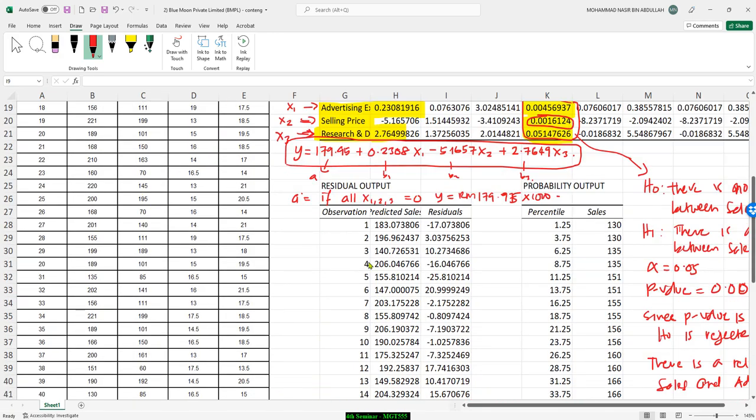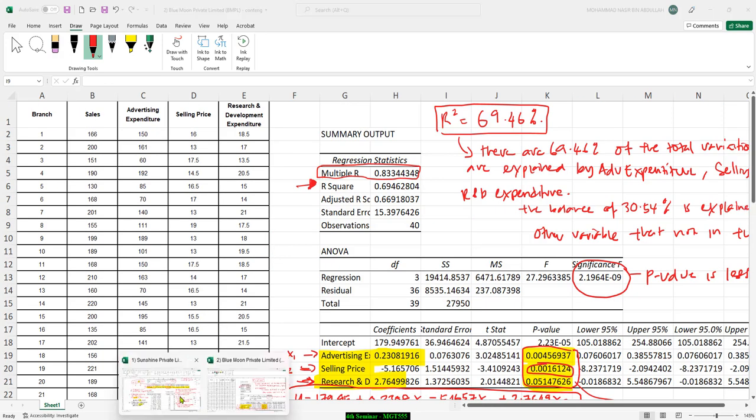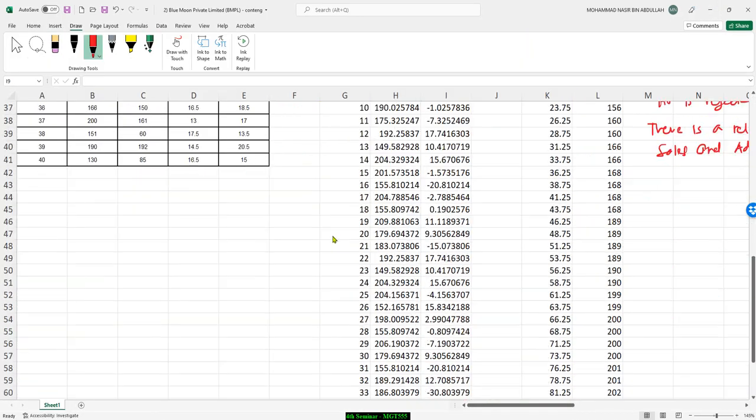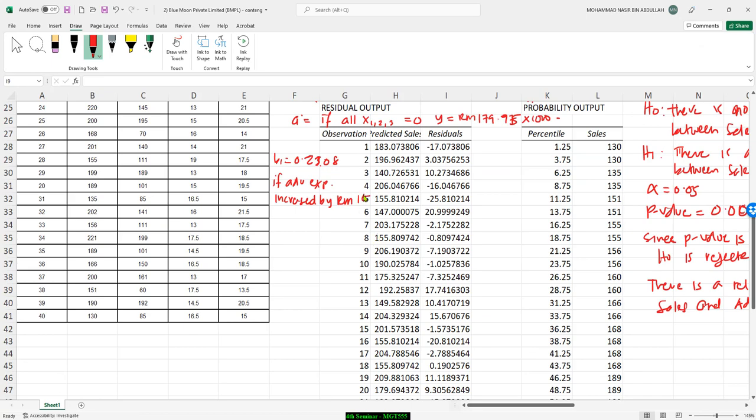So for beta 1 is equal to 0.2308, right, for advertising expenditure. If advertising expenditure increase by RM1, advertising expenditure is in RM1000 kan, RM1000 lah, right?